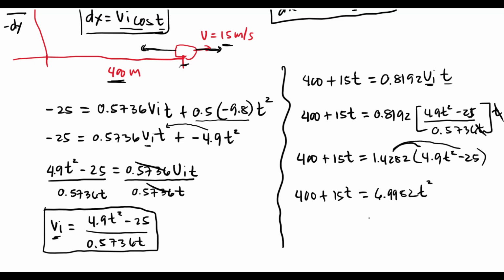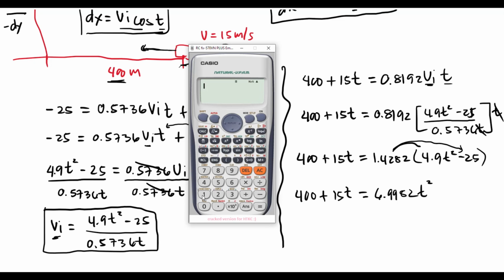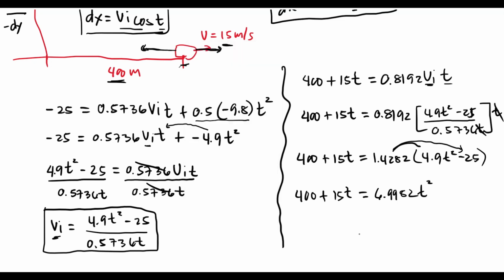Then multiply 1.4282 times negative 25. So that's negative 35.705. Then equate this to 0.